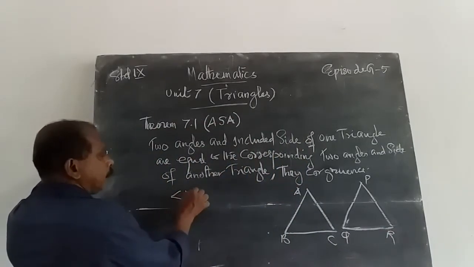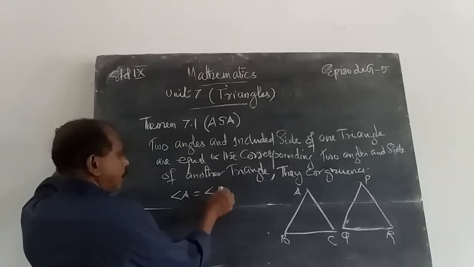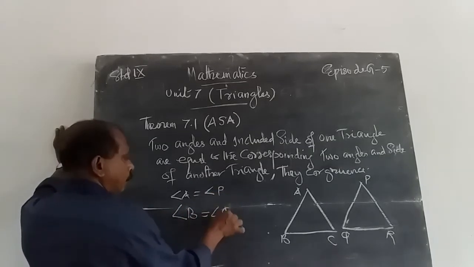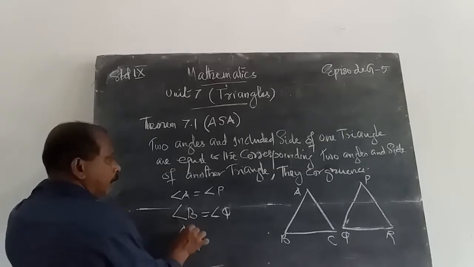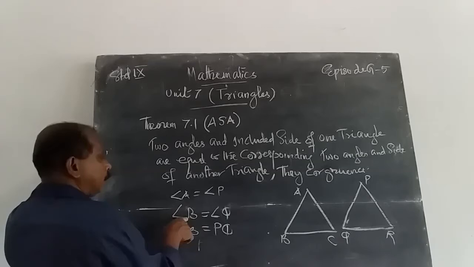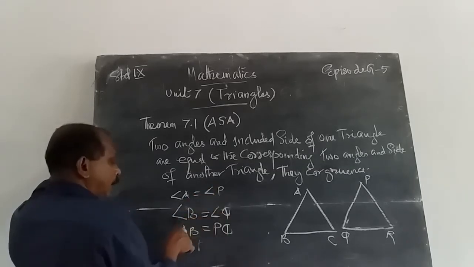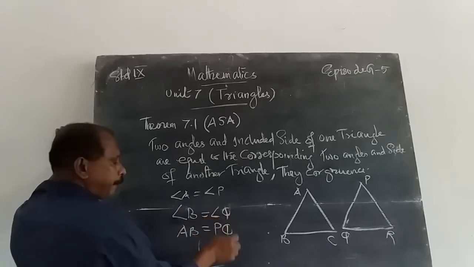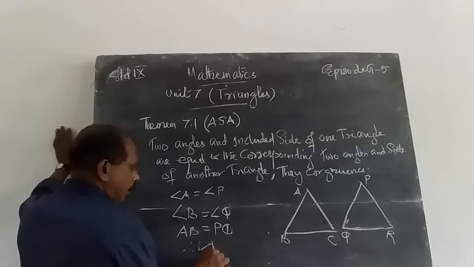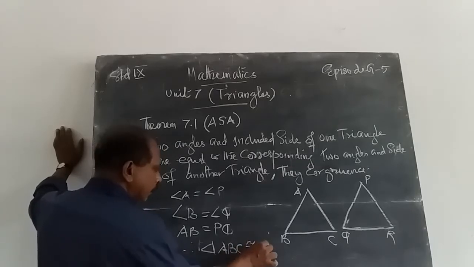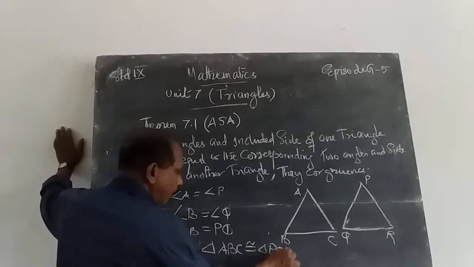Angle A is equal to angle P. Angle B is equal to angle Q. AB is equal to PQ. That is two angles and the included side AB, PQ. Therefore, triangle ABC is congruent to triangle PQR.